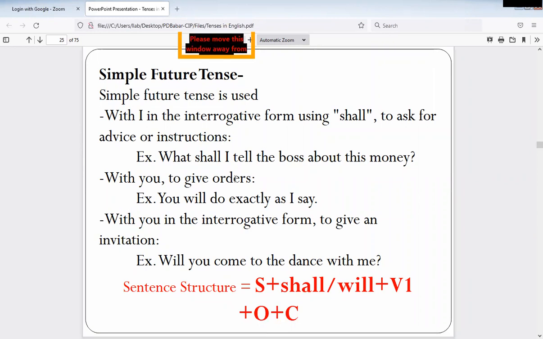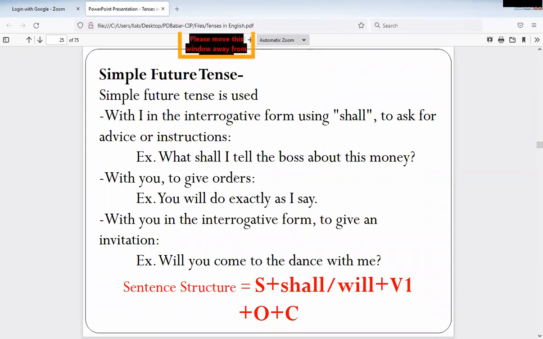Then another example is with you in the interrogative form to give an invitation. For giving an invitation, we use the simple future tense.